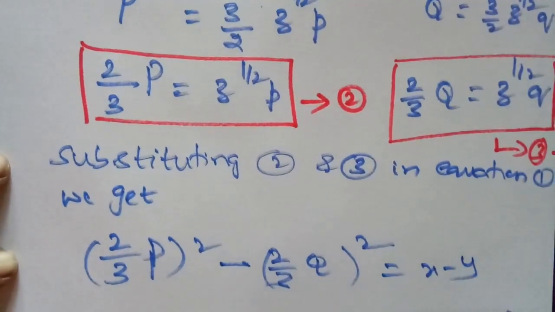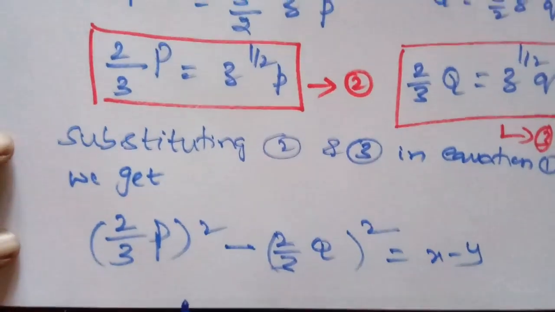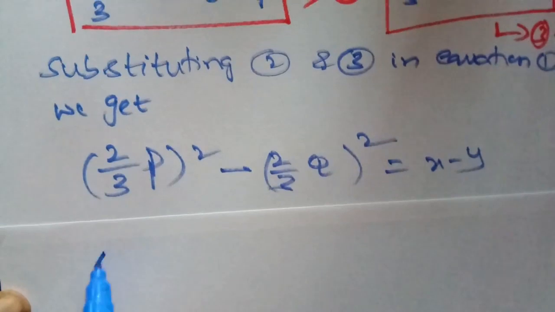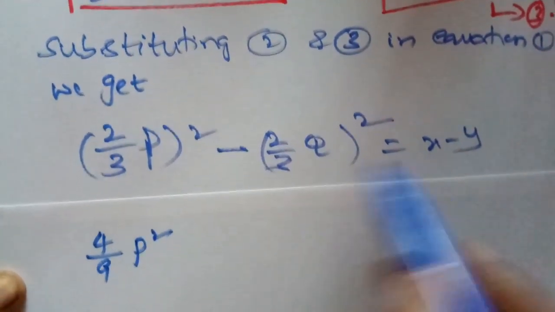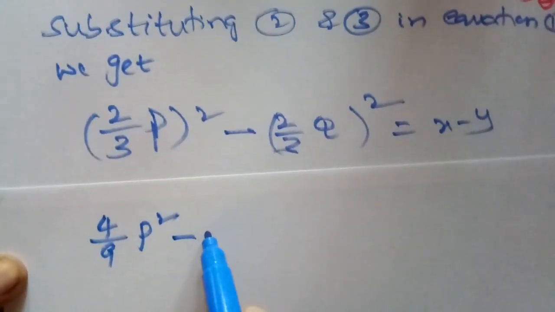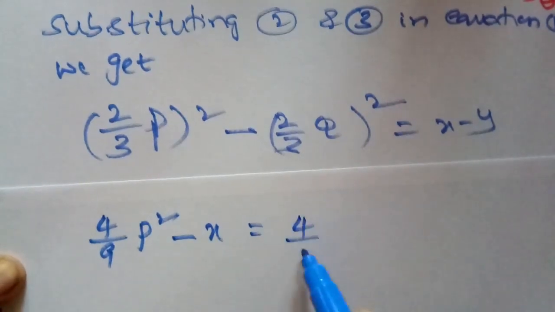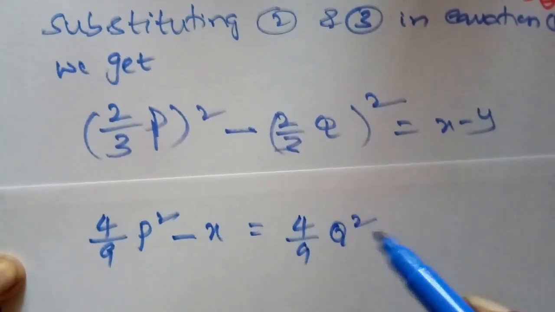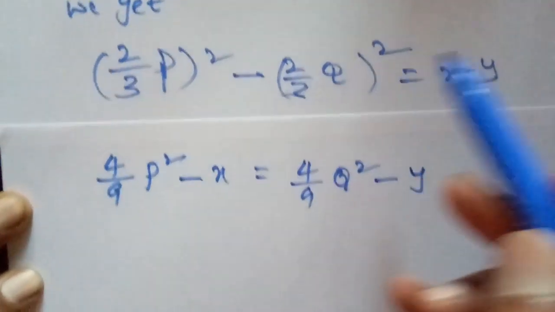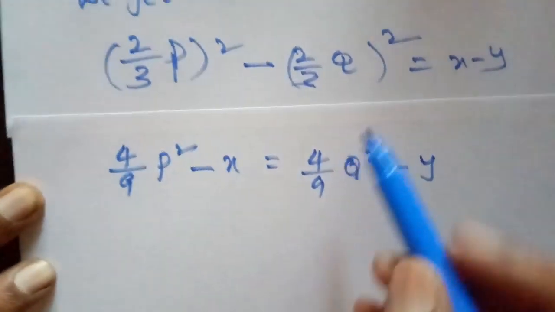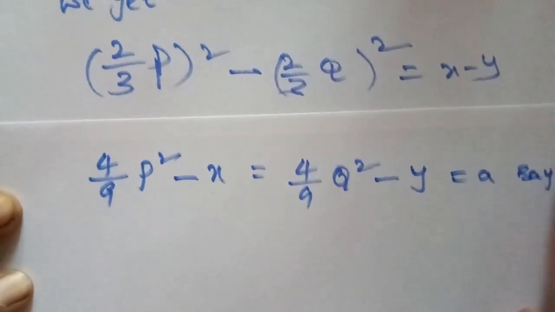Therefore, this can be written as p and x terms on one side, q and y terms on another side. This can be written as 4 by 9 into p square minus x is equal to 4 by 9 q square minus y. We are writing x on the left hand side, and 2 by 3 q whole square on the right hand side. Say each is equal to a.